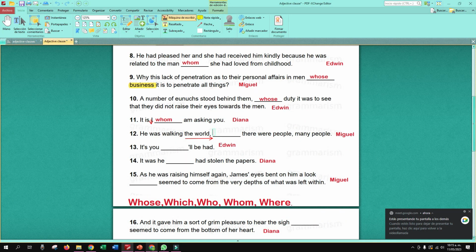He was walking the world because there were people, many people. So, where, right? So, where there were people. In that case, we cannot mean where were people, right? So, there were people. Sometimes we can change or substitute the word there to where, right? In that case. And 13, Edwin.